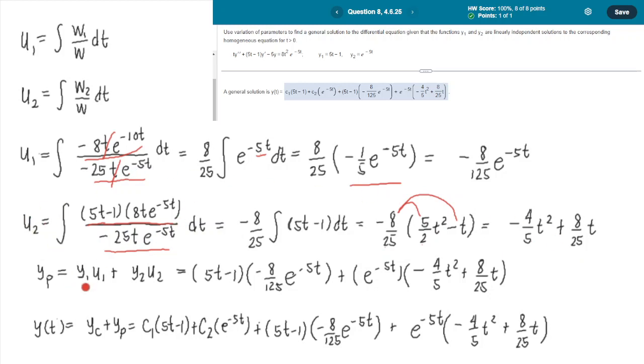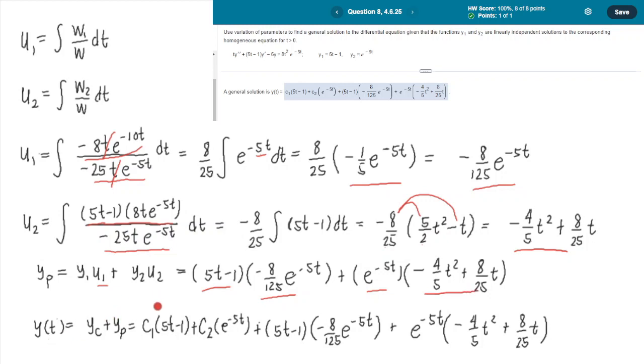Now we can plug that into our particular solution, y sub 1 u sub 1 plus y sub 2 u sub 2. Our y sub 1 is given, and our u sub 1 is this. We just substitute that, and our y sub 2 is given, and u sub 2 we got from here. Then you just substitute that.